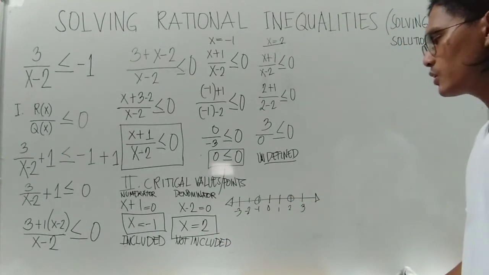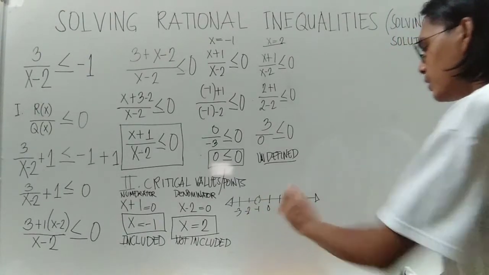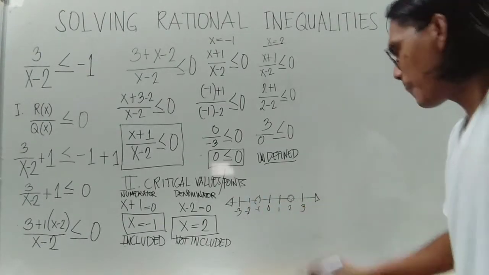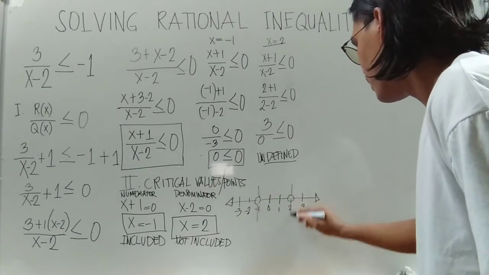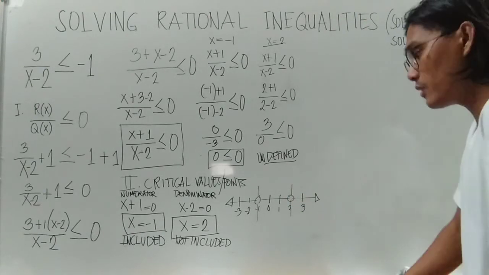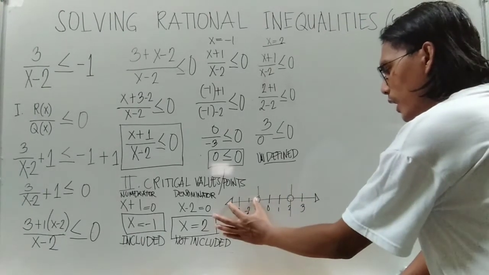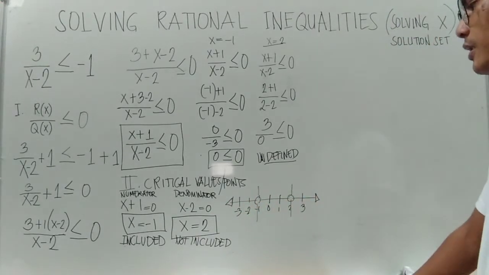Okay? If you can see, these critical values will slice up your line graph into how many parts? In our case, we have 1, 2, and 3.